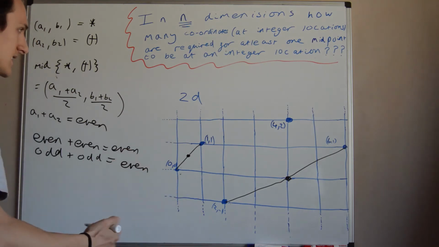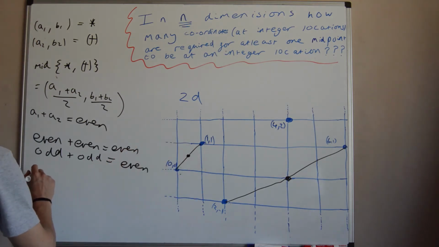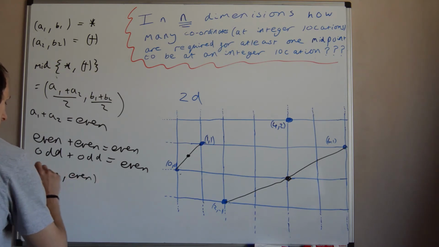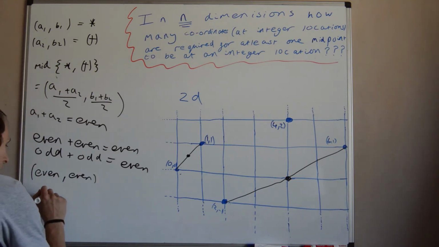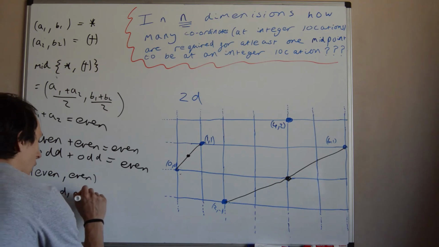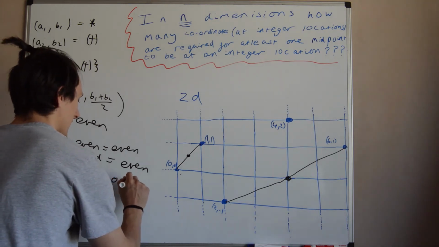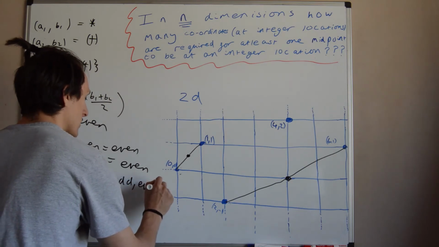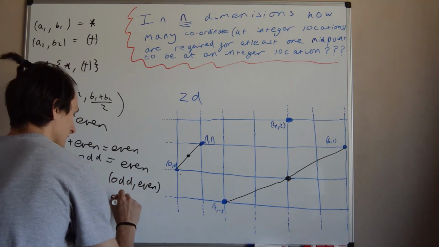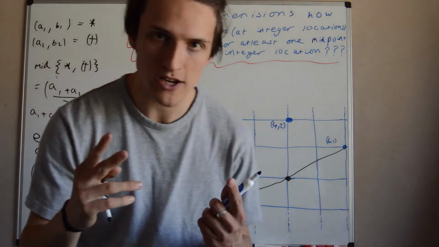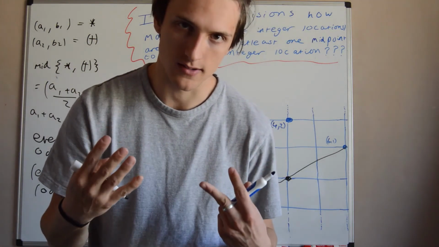And let's list all the possibilities. So we either have even, or we have odd, or we have both even and odd. But then there's 2 ways to do this. We can have the x coordinate odd and the y coordinate even, or we can have the x coordinate even and the y coordinate odd. Okay, so in 2 dimensions, there are 4 possible pairings.